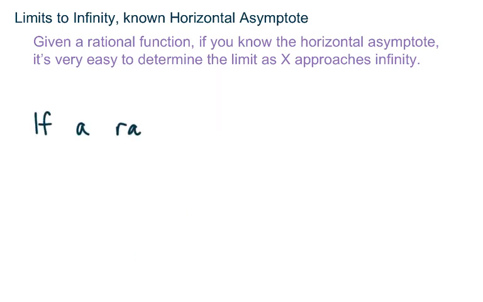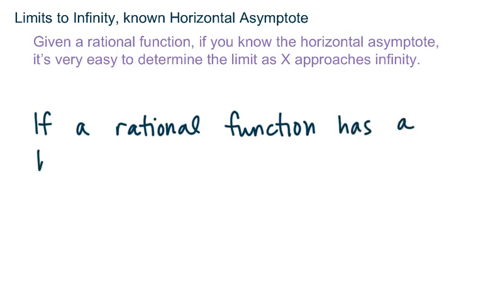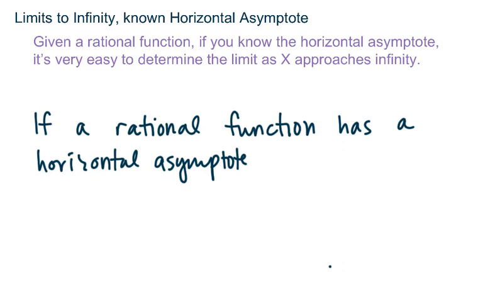If a rational function has a horizontal asymptote, so we'll say that f of x has a horizontal asymptote at y equals b.